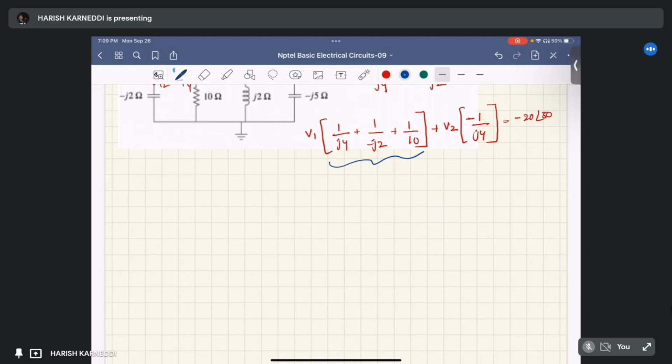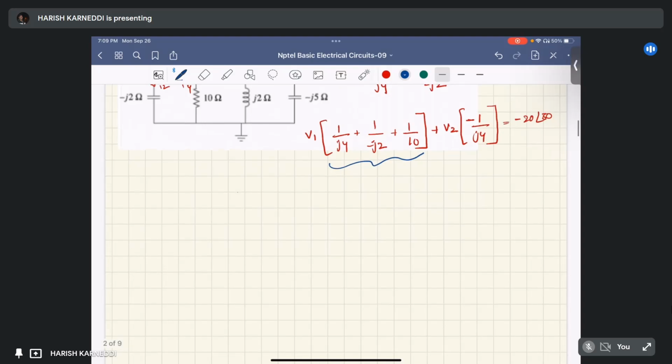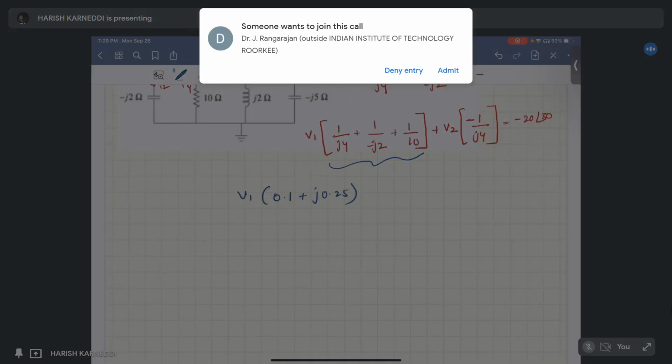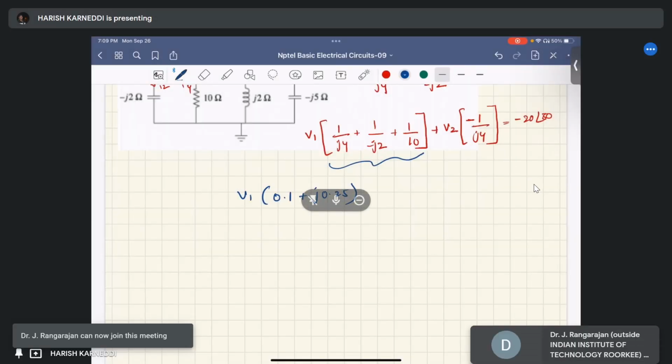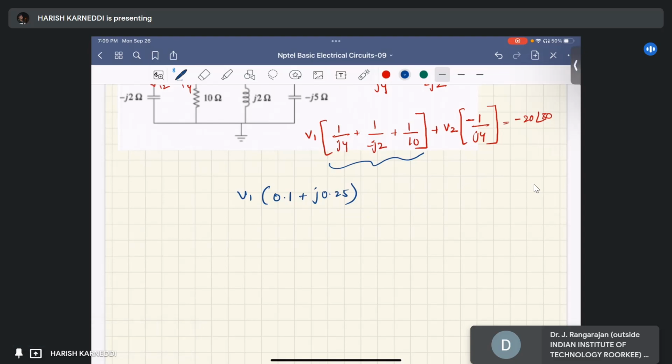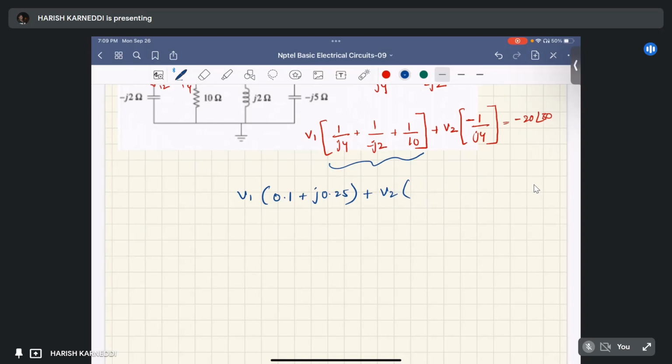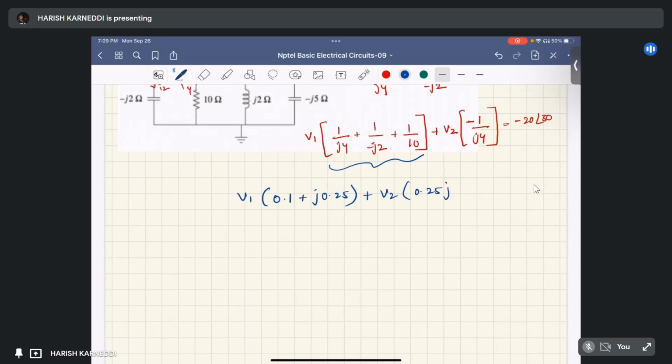You can use your scientific calculator and find that 1 by j4 plus 1 by minus j2 plus 1 by 10 is 0.1 plus j0.25. And V2 multiplied by minus 1 by j4, which is 0.25j, equal to minus 20 at an angle of 30 degrees.